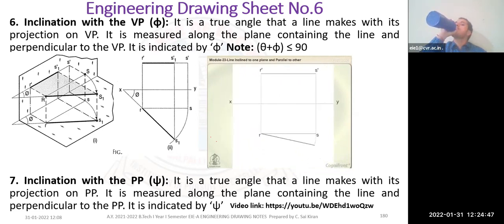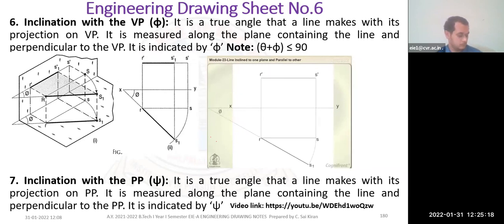When the line is turned about its end R to the position RS1 so that it makes the angle phi with the VP while remaining parallel to the HP, in the top view, the point S will move along an arc drawn with R as center and RS as radius to a point S1 so that RS1 makes the angle phi with XY.